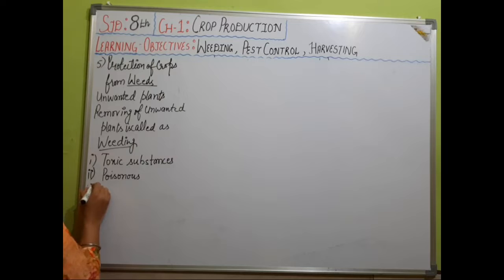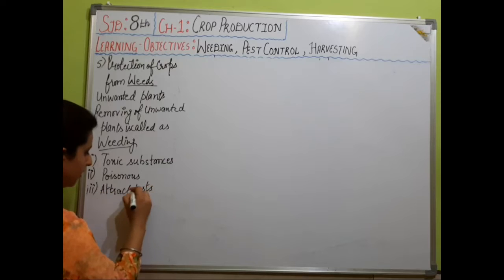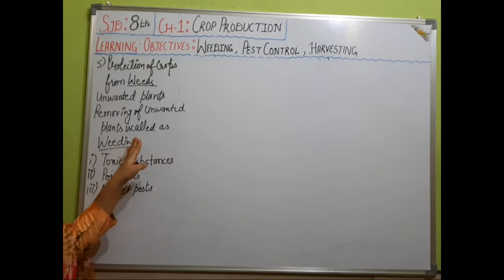Third, they attract pests. That is very harmful, because if they attract weevils, grasshoppers and termites, these pests will ruin our crop plants. So that's why we go for weeding.